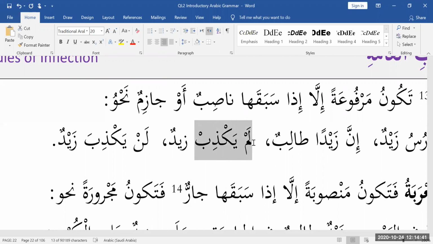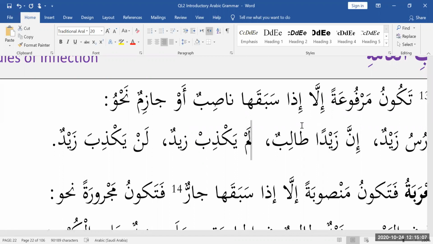Lam yakdhib. Look at this sukoon ending. What is that sukoon doing here? Why is there not a dhamma? It's a pillar, right? It should be in rafa state, but it doesn't have a dhamma. It has a sukoon. Why? Who gave the sukoon? Who caused this jazm state? Lam. So in the previous example, inna caused zaydan to enter into nasab state.